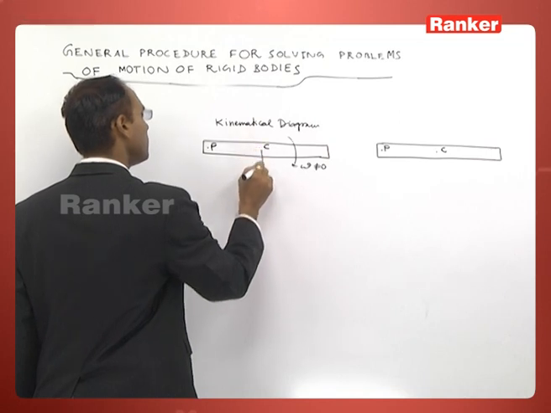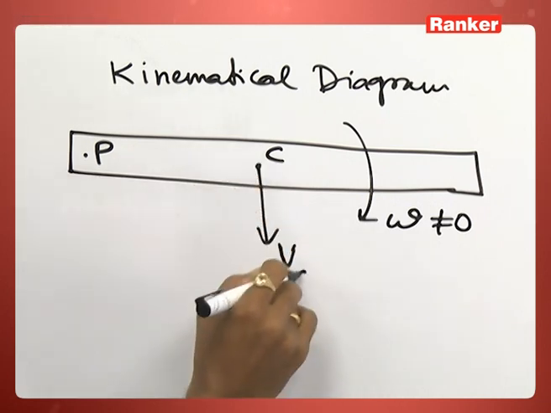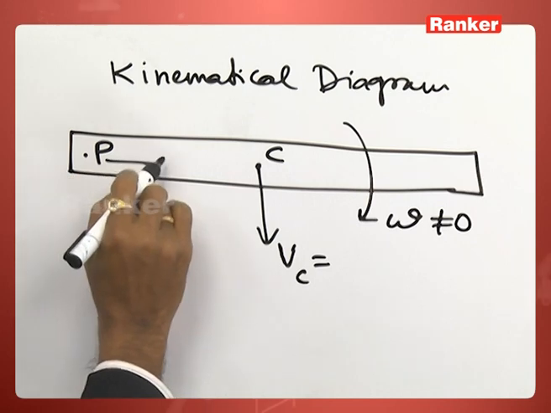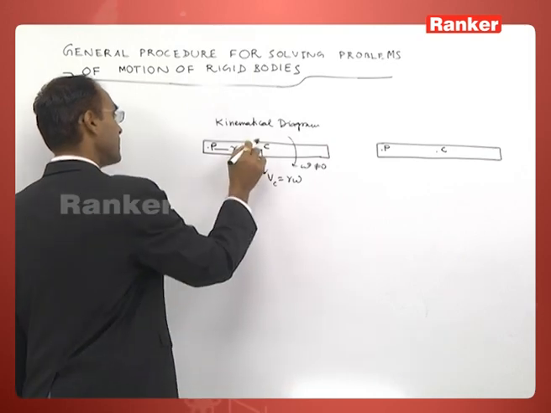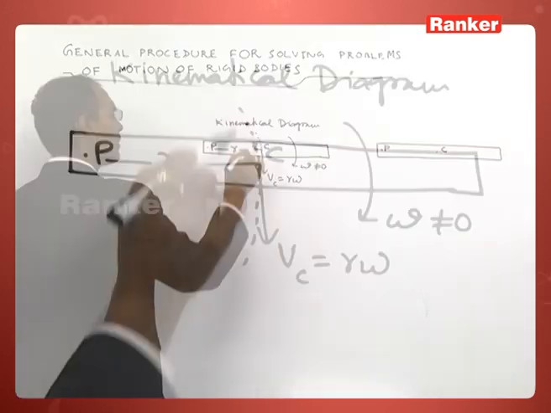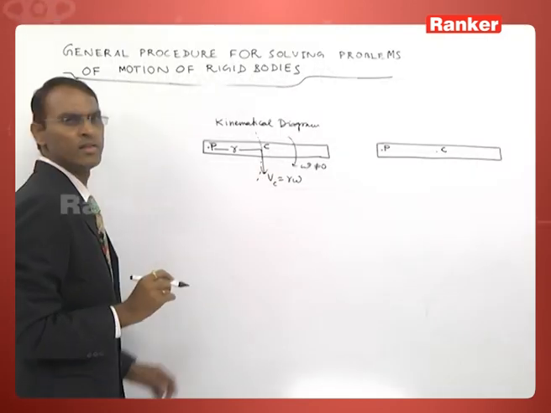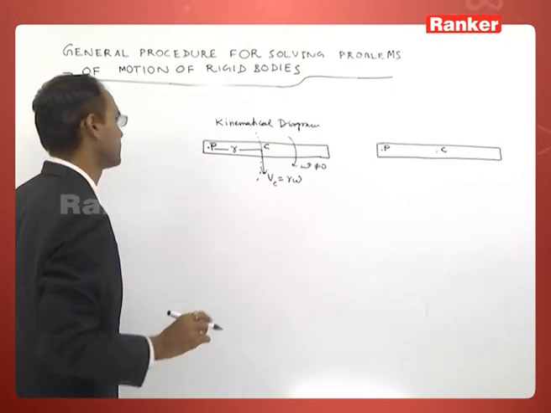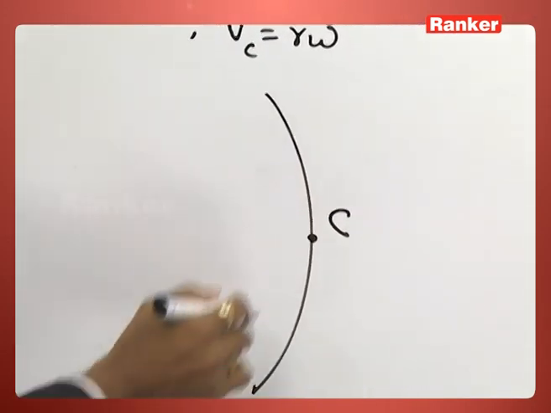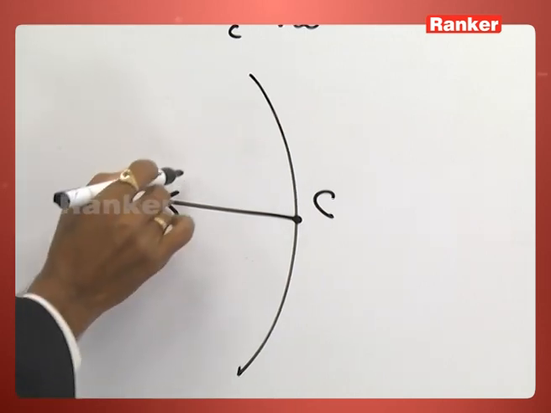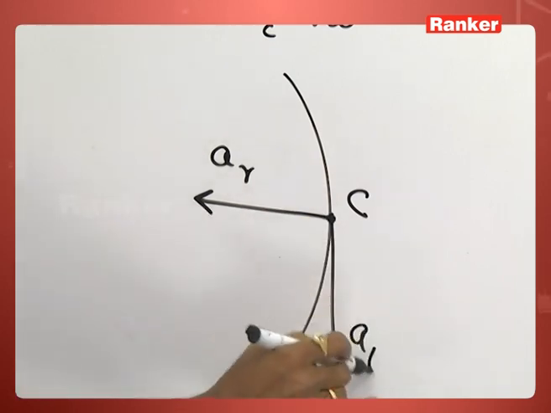Therefore, the velocity of the center of mass is equal to r into omega, because the center of mass is moving in a circular path whose center is the point P, the pivot. While it moves in a circular path, the center of mass will have two accelerations, one radial, one tangential.